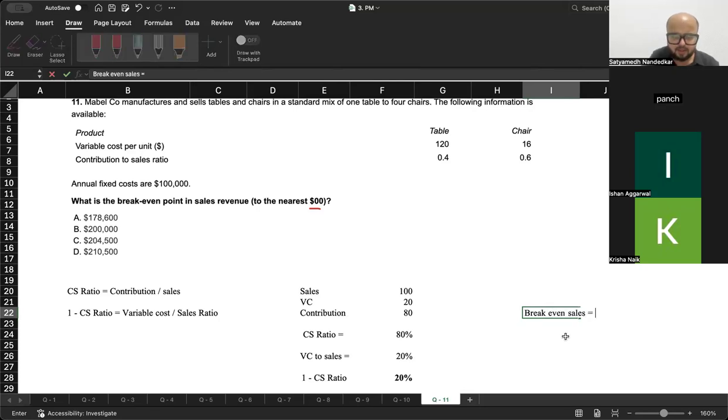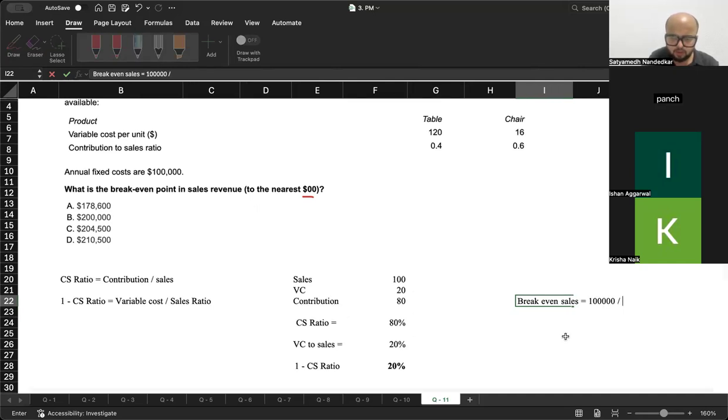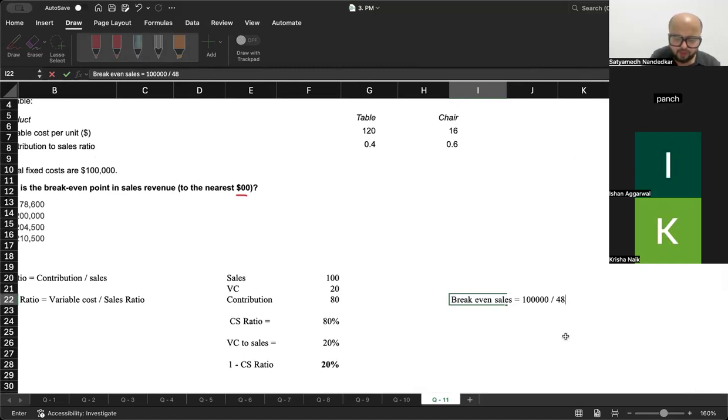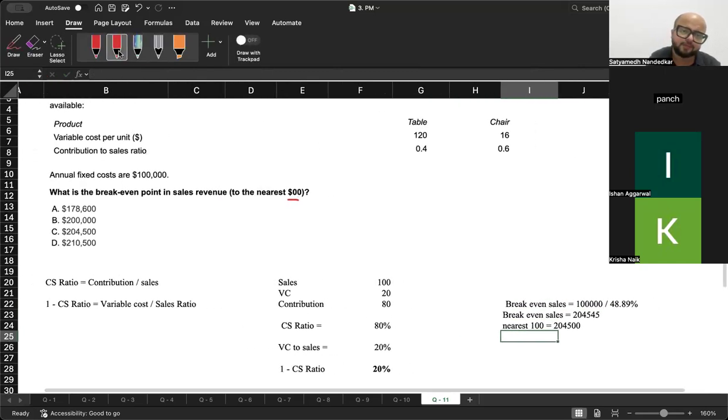Break even sales is how much? 1 lakh upon 48.89%. Break even sales will be 204545. Nearest 100, 204500, which is option C.